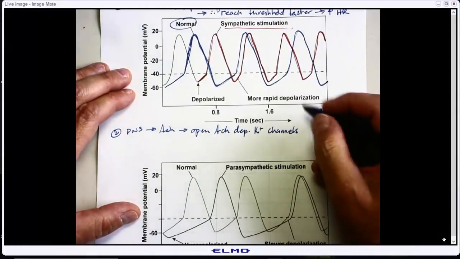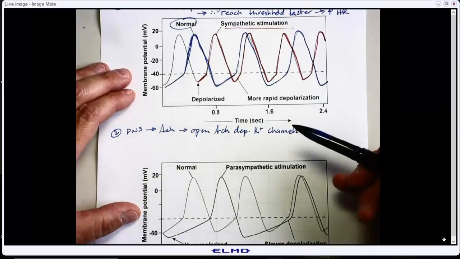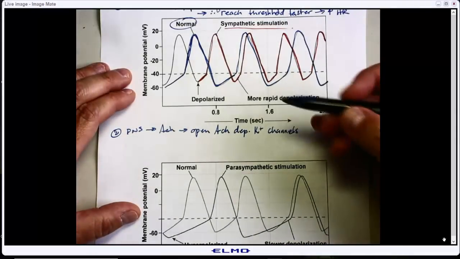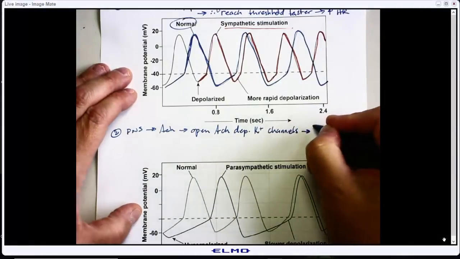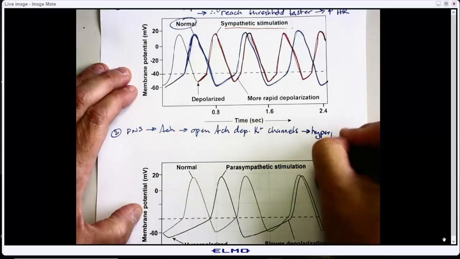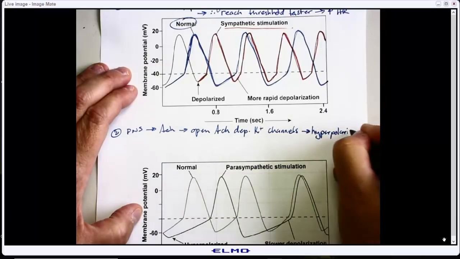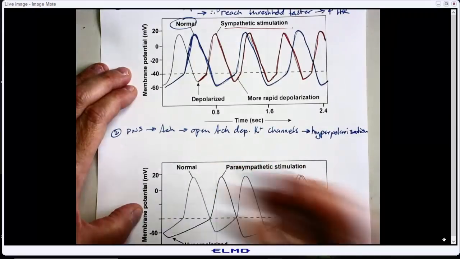Its own E ion is around -100. We're sitting at kind of something around -60. So we're going to get potassium movement out. Okay, that potassium movement out is going to cause a hyperpolarization of the cell.